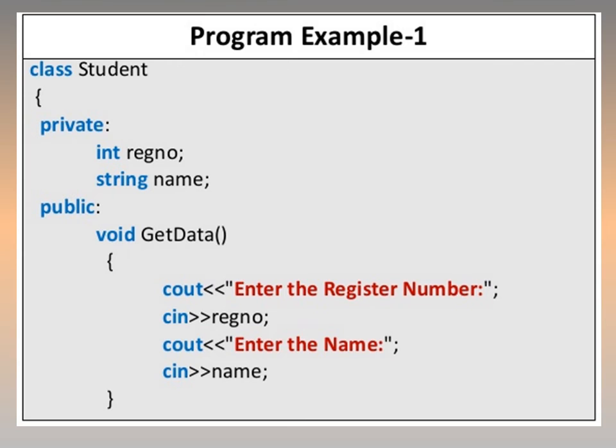Then cout enter the name, cin name. So we are also taking the name from the user and reading that name. So this is the class student, in which we declare the data members, that is the register number and name, under the private access specifier, and the member function get data under the public access specifier.